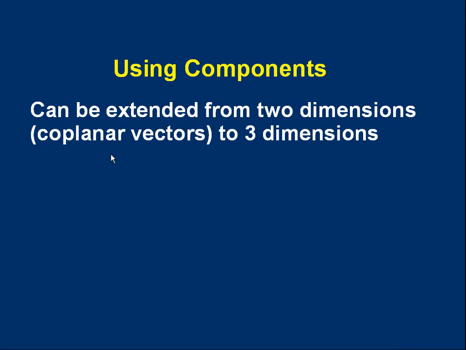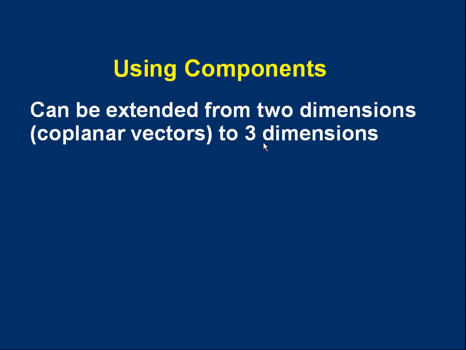That's it. That's a couple of examples, should give you a good flavour of how we should use components to solve some problems. I'd like to point out that we've only talked about two-dimensional problems, so everything in the plane. It can be extended to 3 dimensions.